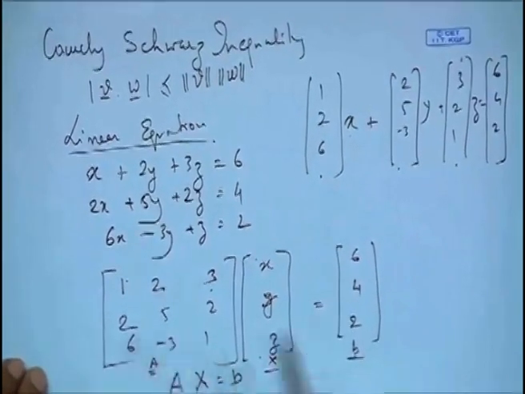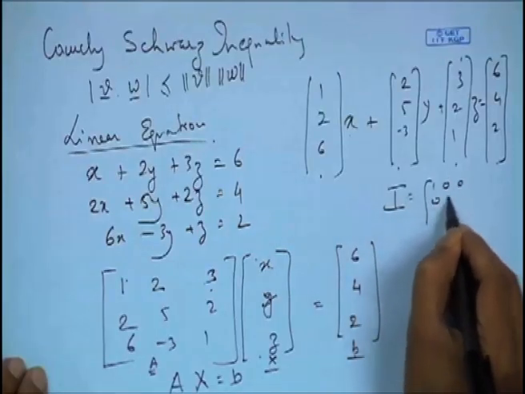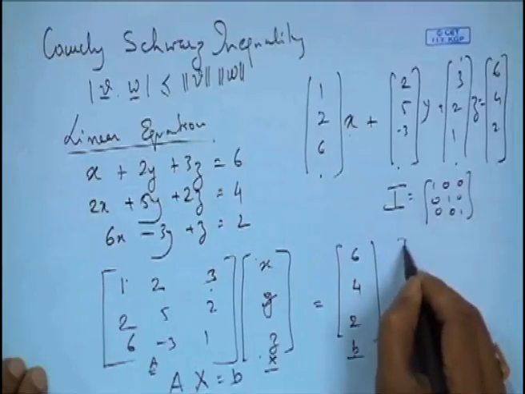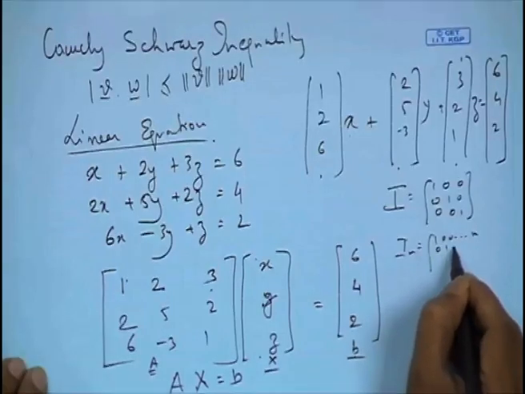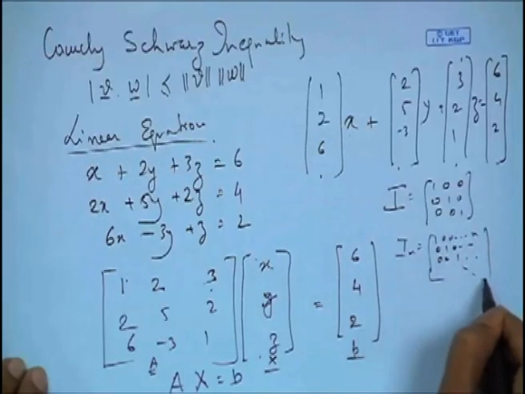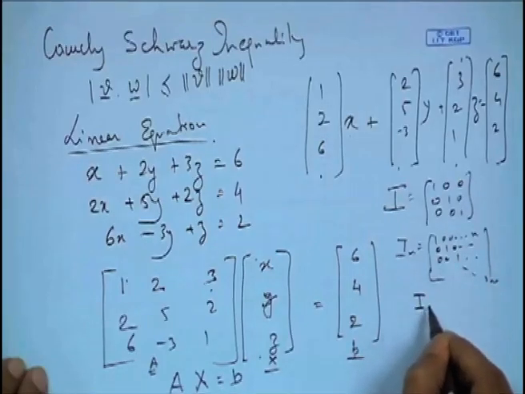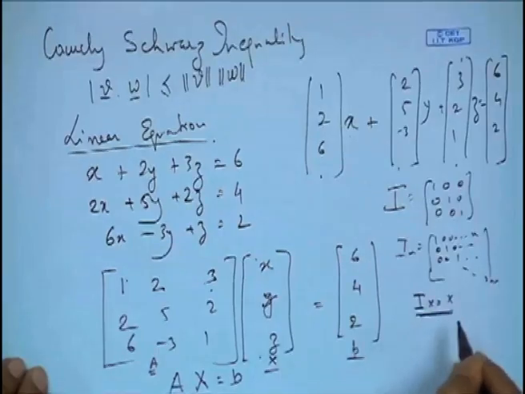In this context, the I matrix is basically 1, 0, 0, 0, 1, 0, 0, 0, 1. This is a 3 cross 3 I matrix. In general it would be 1, 0, 0 up to n, 0, 1, 0, and so on, 0, 0, 1. This goes on up to n. So it's only diagonals of 1, and definitely we have I times x is equal to x. This is a very important result.